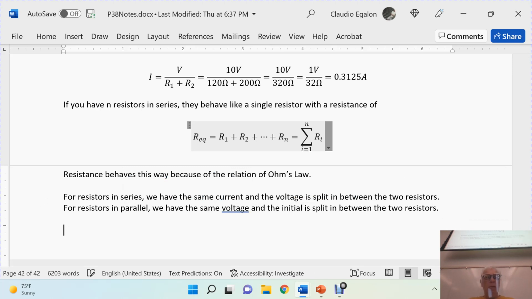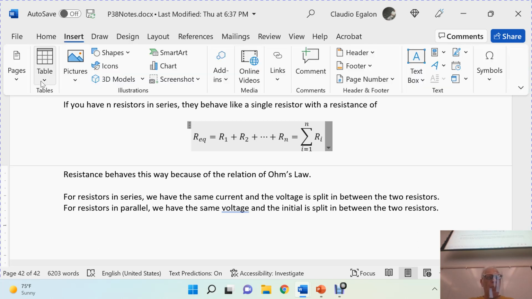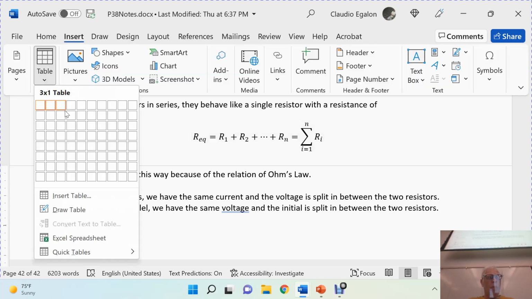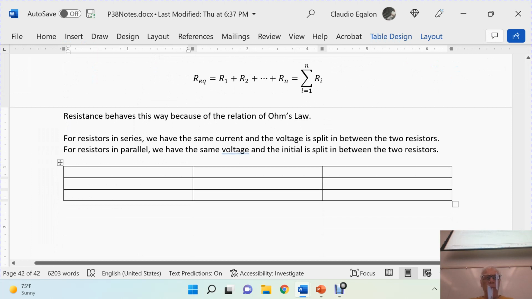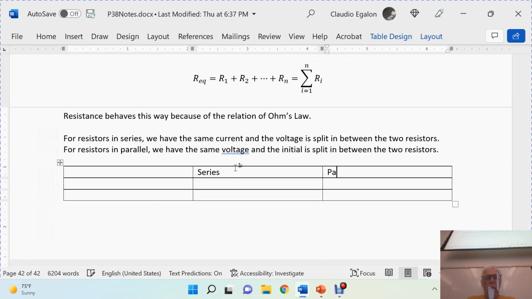Okay, let's do the table. We can visualize that better in a table. 1, 2, 3, 1, 2, 3, right? Let's see if it works. Series, parallel. What else?